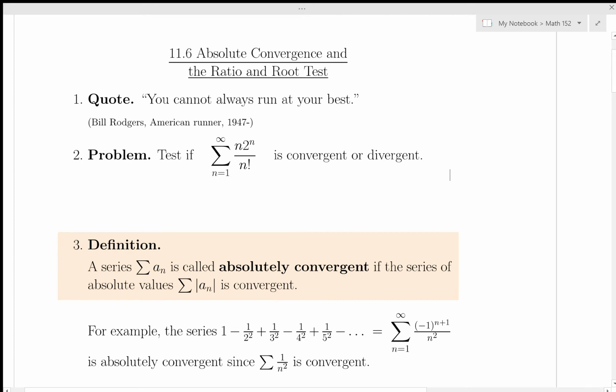First of all, it's not an alternating series, so we can't use that test. Secondly, we might be able to use a comparison test. That might work, but we certainly would find it difficult to use the integral test because of this factorial. We don't have a way of integrating the factorial function.